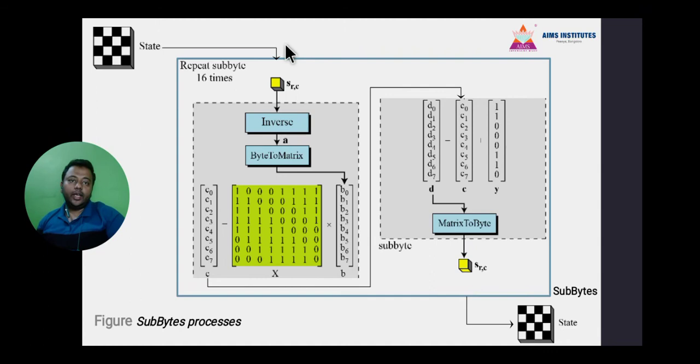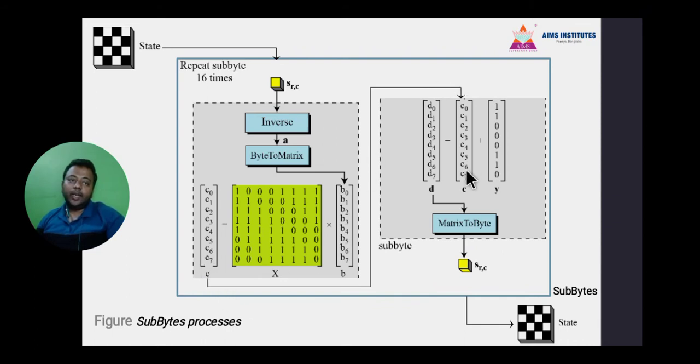We have a state of data over there. This state of data comes to the sub byting process, where it can be repeated 16 times. Then the data gets inversed and goes byte to matrix. That byte of data is converted into a matrix format, and there is an X element which has been generated by the algorithm, and that data will be multiplied and subtracted with this C2 C7 element, and that is the ciphertext that we get out of it.